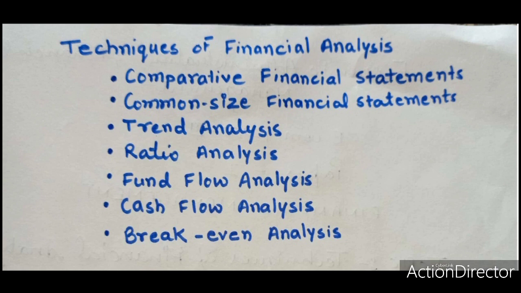The total of the financial statement is reduced to 100 and each item is shown as a component of the whole. For example, in the P&L account, the figure of each item is expressed as a percentage of net sales, while in the balance sheet, each item of assets and liabilities can be shown as a percentage of total assets and total liabilities and capital respectively.